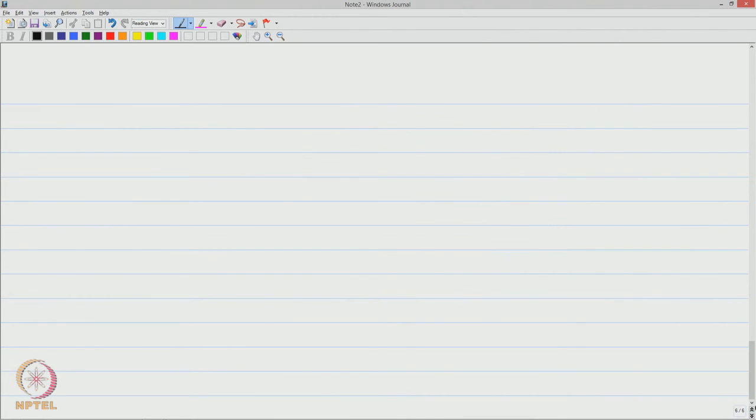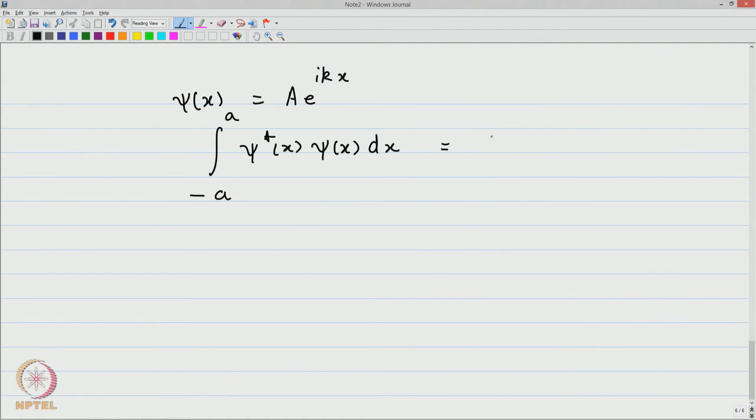Then it is possible to find a normalization constant, because if we assume psi of x to be A e to the i k x, then the integral of psi star x psi of x dx between the limits minus a to plus a, because the function is defined only in that region and we assume that it is 0 everywhere else, is nothing other than the integral from minus a to plus a of A star 1 dx, and that is A star times 2a.